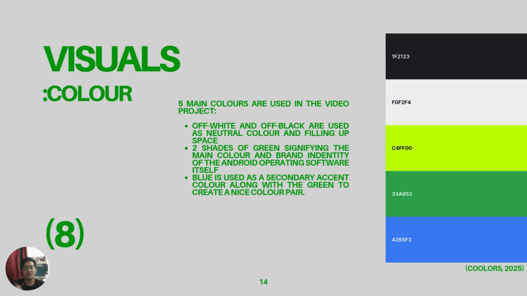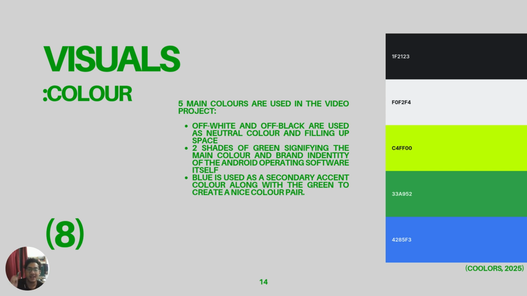So we go on to the last one, which is our visuals. For this project, the visuals are split into four categories: color, typography, imagery, and composition. For the color, we got five main colors that are used in this, which is off-white and off-black, which is not pure black and white that they used in this project, and also two shades of green in this Android design, which is a lighter green, and then the significant important green that is used on the logo itself, which is the Android green.